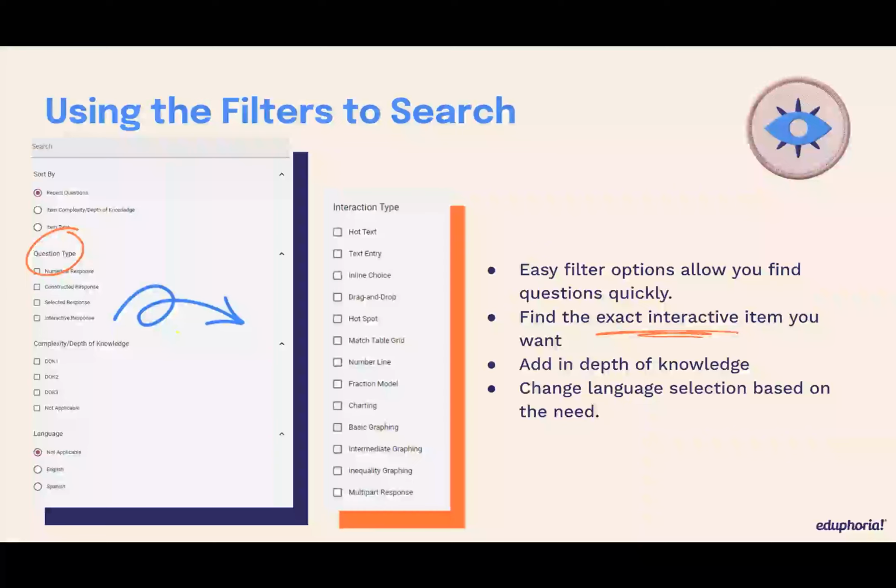You're not limited there. And just like she said, for TEKSbank items, you can look through and see, if we have just introduced this concept, we want to look for a DOK1 question and maybe not go straight to 3, because that wouldn't align and give us valuable data that we can move off of. So make sure you select those options below so that your search is automatically filtered to exactly what you are looking for.